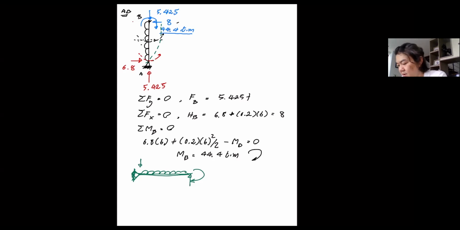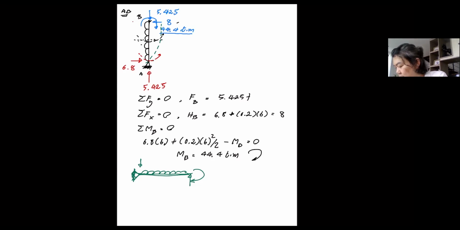And you see, where would the compression be? Where is compression? Actually, I think, where's the compression of the beam?